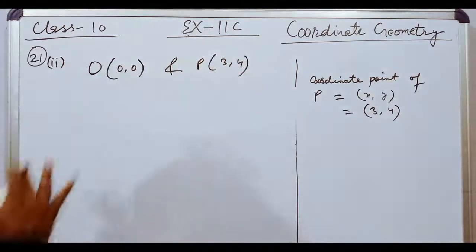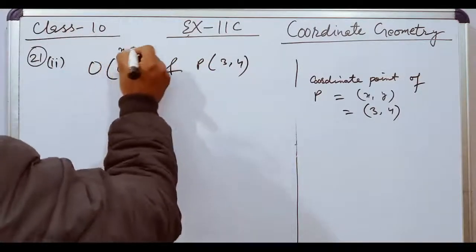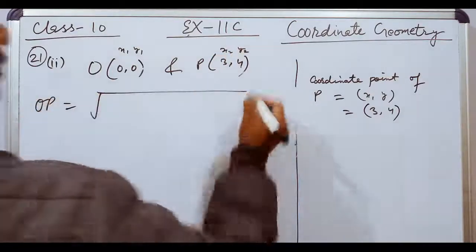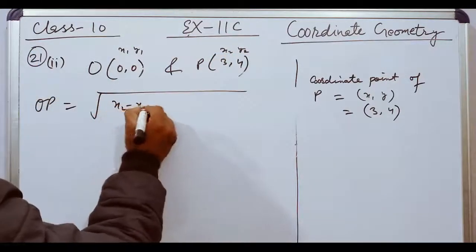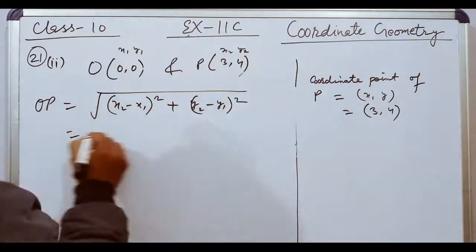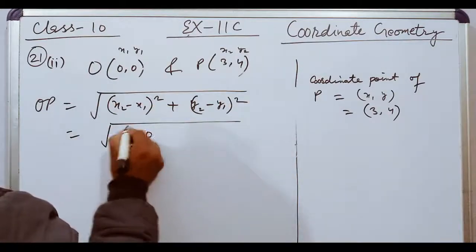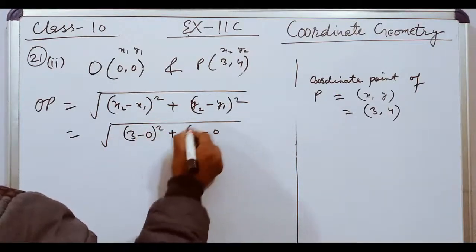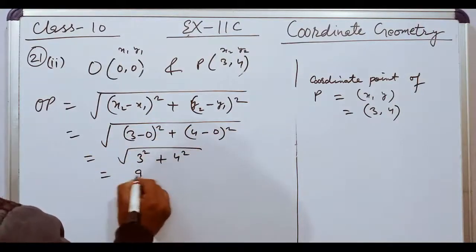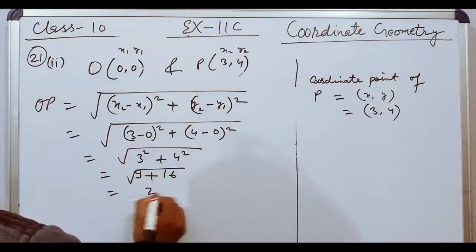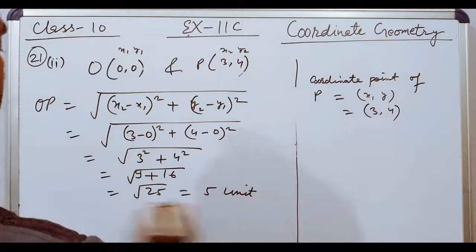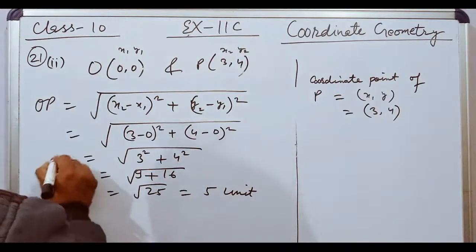So we have to find OP, the distance between O and P. OP equal to the square root of (x2 minus x1) whole square plus (y2 minus y1) whole square, which is 3 minus 0 whole square plus 4 minus 0 whole square, 3 square plus 4 square. It is 9 plus 16, 25, equal to 5 unit. So OP equal to 5 unit.